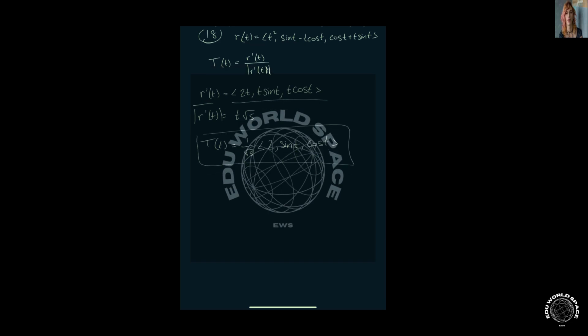Now onto the unit normal vector. We know that this can be written as capital N of t, and it'll be equal to big T prime of t, the derivative of the unit tangent vector, over the magnitude of big T prime of t.